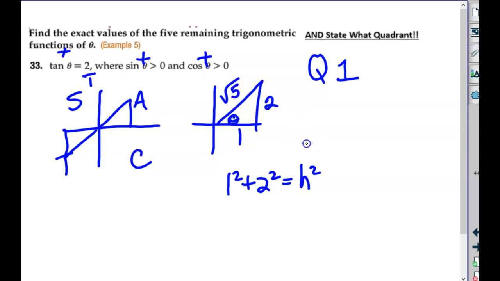Everybody good? So, I don't know, give me the secant. Would be hypotenuse over adjacent. So square root of 5 over 1 or square root of 5.